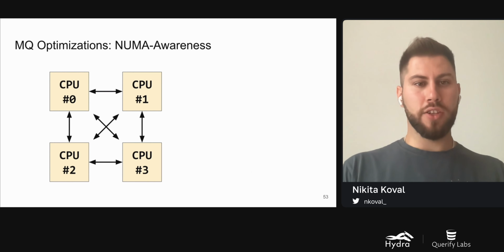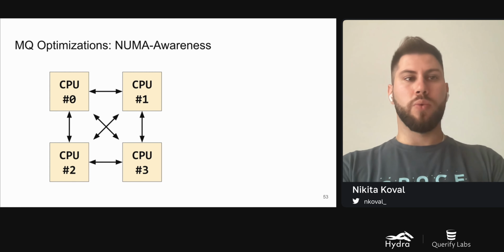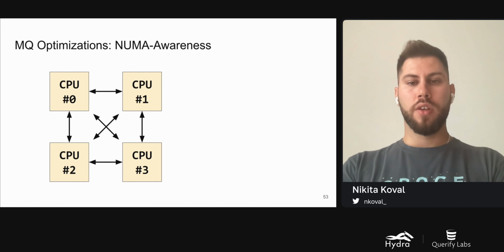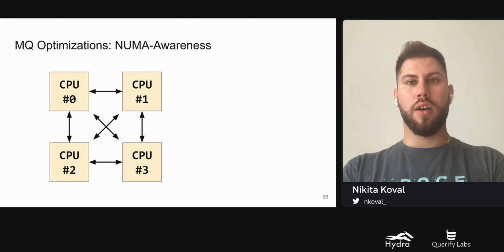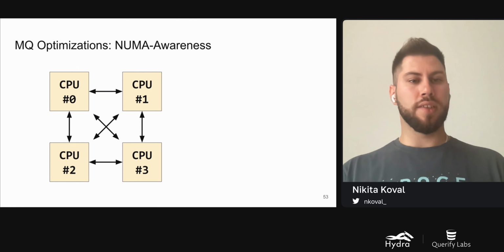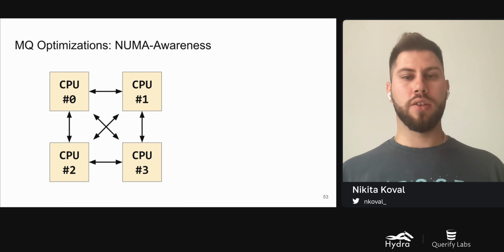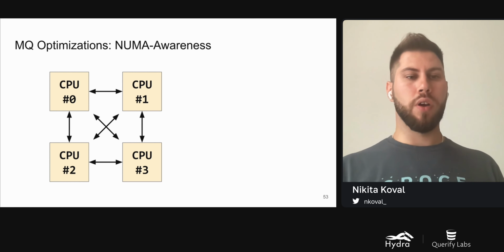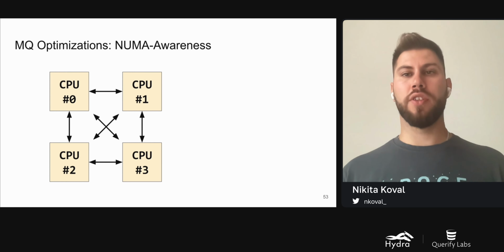And the last optimization that we will discuss is optimization for NUMA systems. Many machines have multiple sockets, multiple CPUs, and it's always expensive to access the same data from different CPUs.